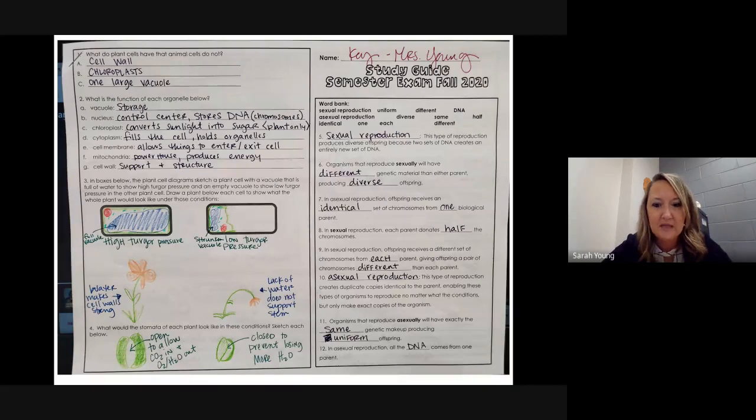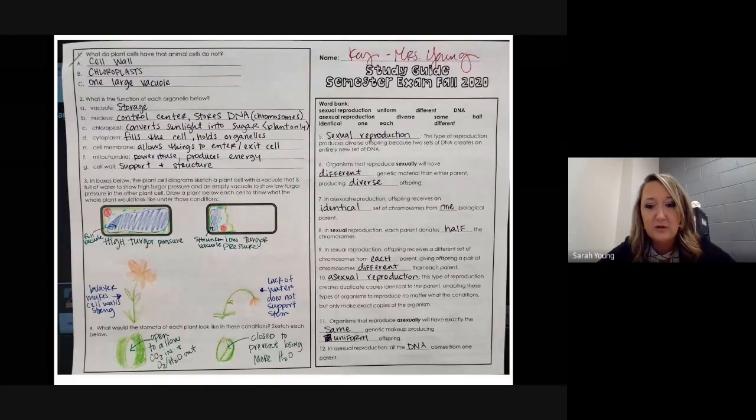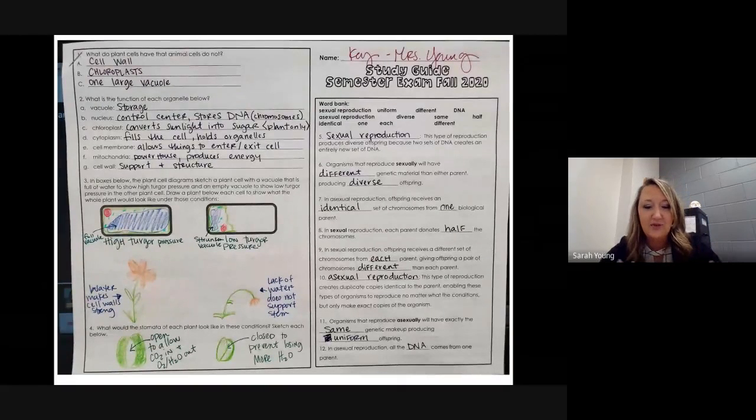Okay. All right. On the right side, these were mostly for reproduction, right? And so this is mostly the stuff we've been talking about over the last week or so. And so I wanted to make sure that you guys had it said several different ways. So some of these even sound repetitive, but I wanted you guys to have some of that verbiage that you might see on your exam.